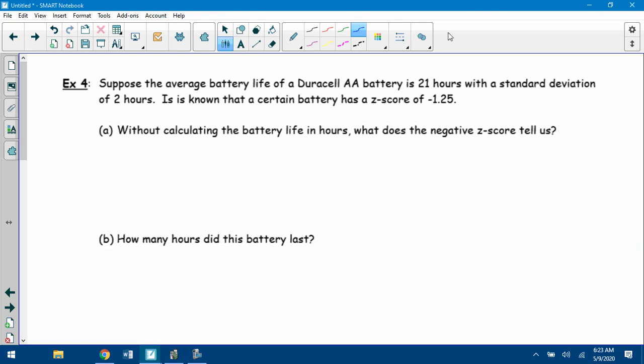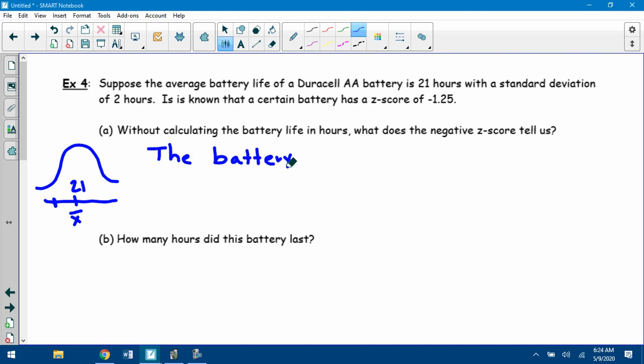Well, if it's got a z-score of negative 1.25, where does it fall on this bell curve? Below the mean. The mean was 21 hours. Negative 1.25 is going to be over here somewhere. So if it's got a negative z-score, the battery lasted less than the average battery.